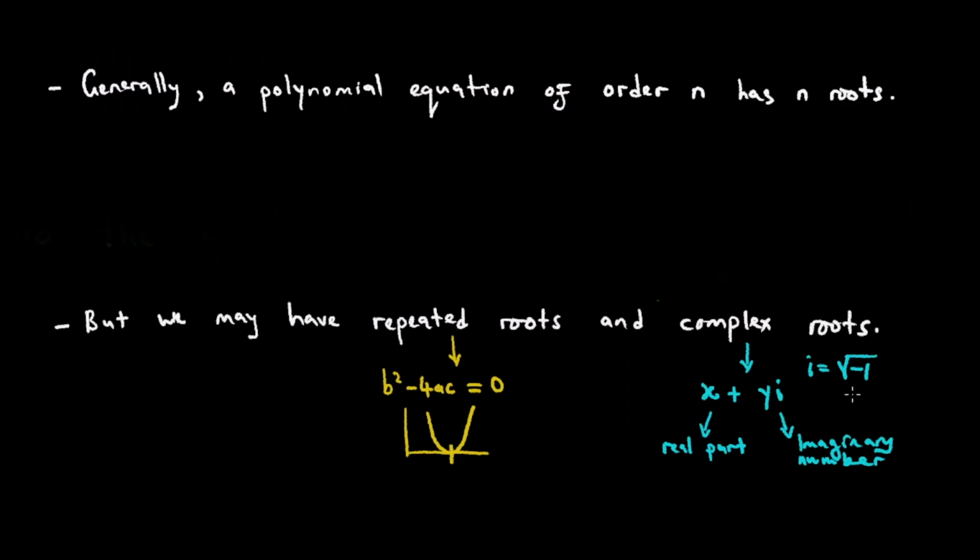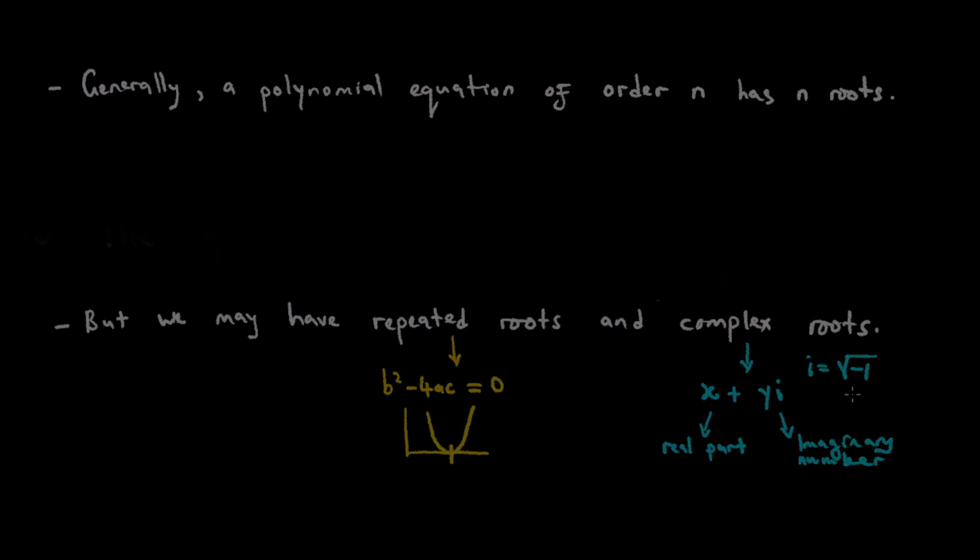That is the founding principle of complex numbers. So sometimes we have a situation where our roots are complex roots, and sometimes we have repeated roots. But generally speaking, a polynomial equation of order n should have n roots.